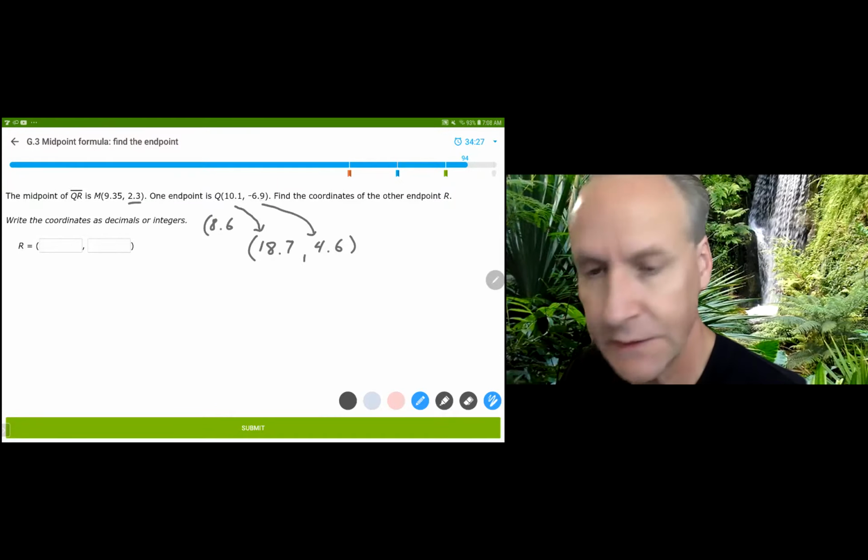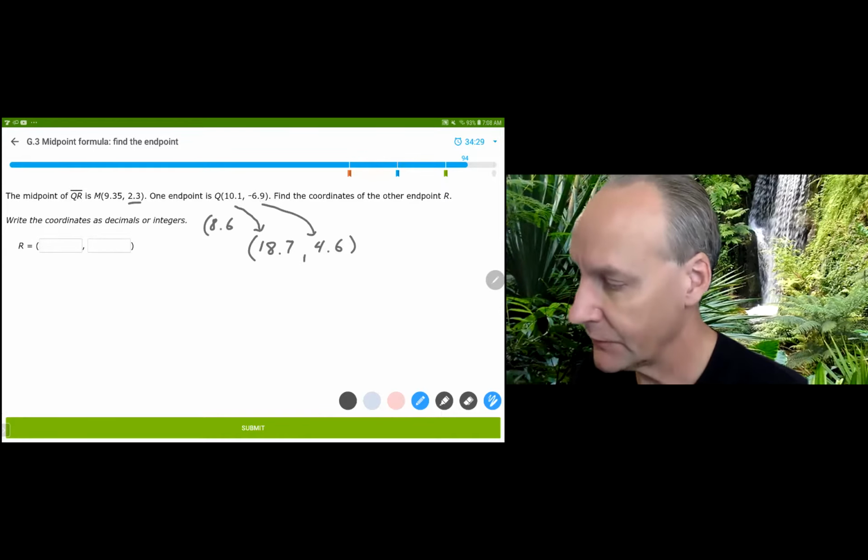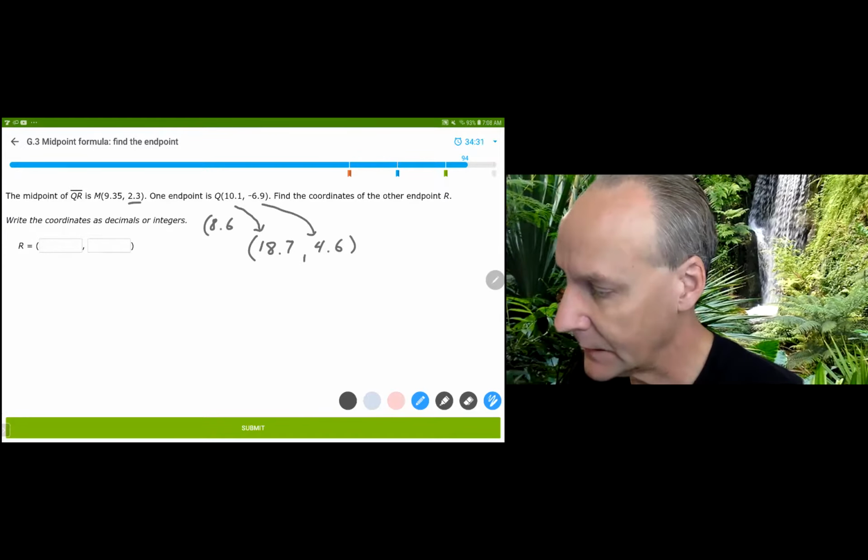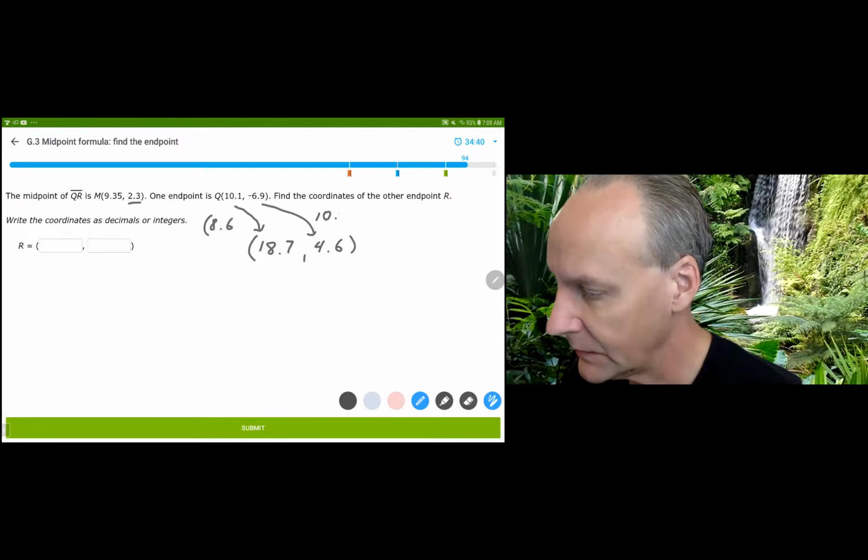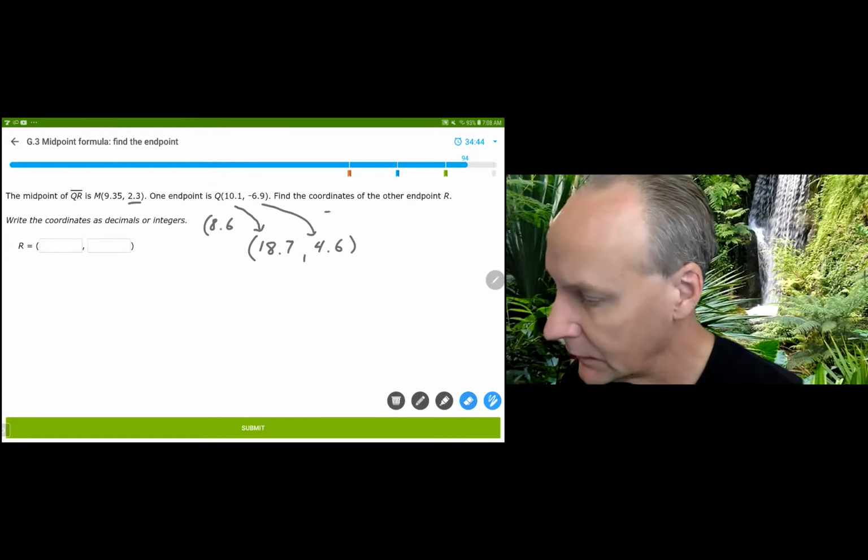This is the tricky part, the negative 6.9. To get to 4.6, I'm going to have to add, it looks like maybe, wow, what is it, 10.7? Let me just double check here. Maybe 11.7. Hang on. I'm just going to try 11.7, see if that looks right.